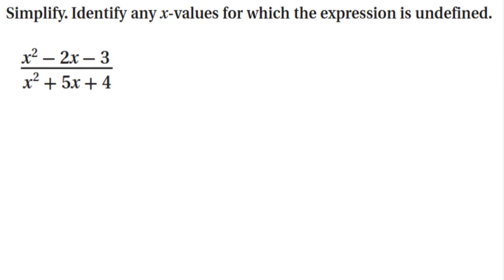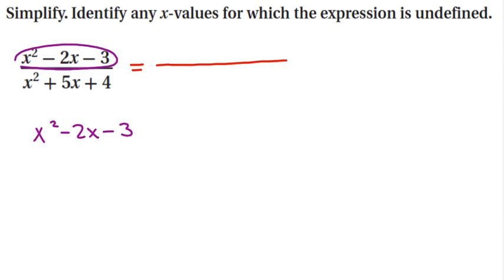And what we're going to do is we're going to factor these. So let's take care of this first polynomial. This is x squared minus 2x minus 3. It's a trinomial and the leading coefficient equals 1. So we can use our t-chart. So we set up what are the factors of negative 3 that sum to negative 2.